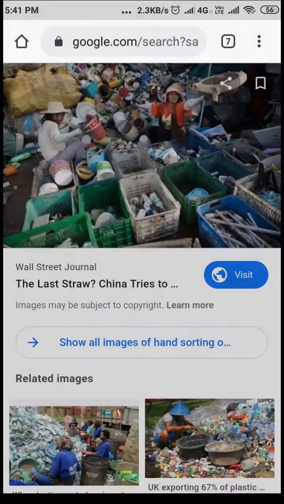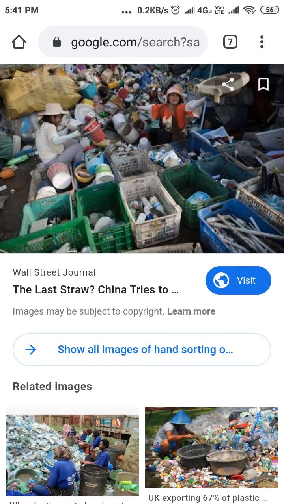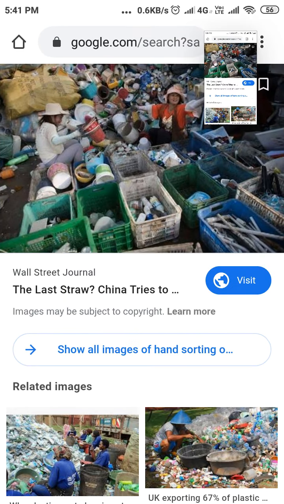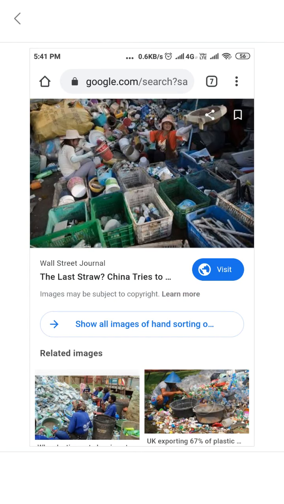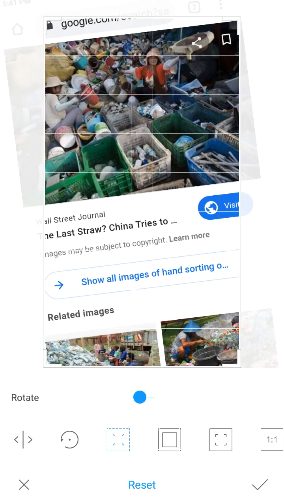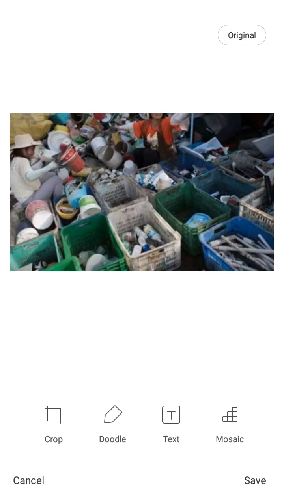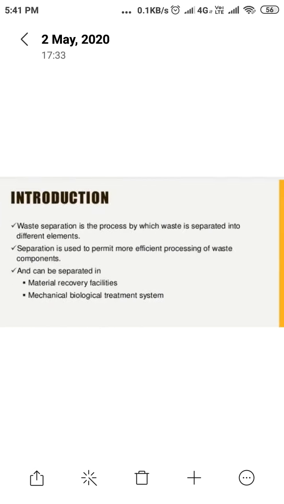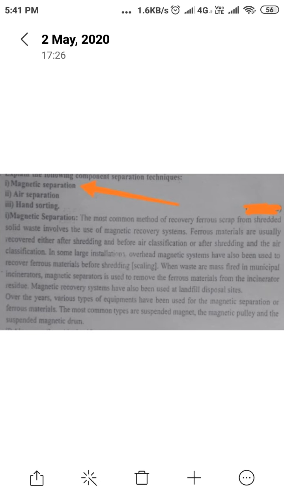In some of the larger installations, overhead magnet systems have been used in this recovery of the ferrous materials before the shredding. This is the shredded materials.